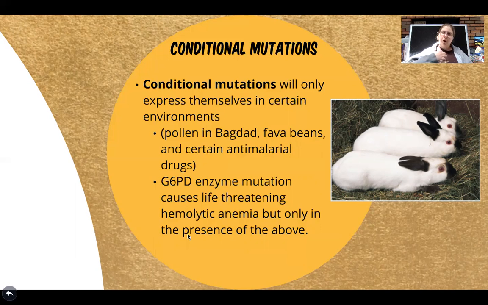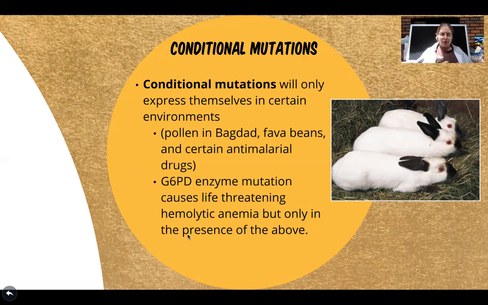So the mutation is already in the DNA, it's in the genes, but it's not being expressed because it only gets expressed when the organism is exposed to certain things. So some examples are the pollen of a particular plant in Baghdad, fava beans, and there are also certain anti-malarial drugs.